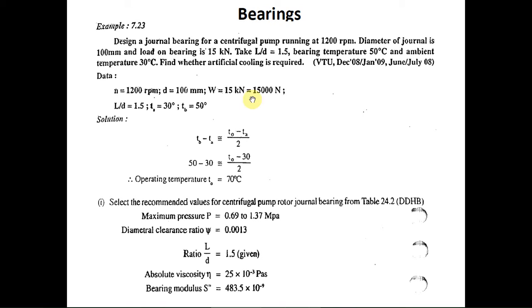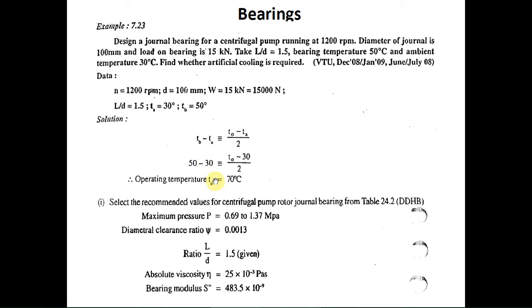Now the data given, you have to first write. N equals 1200 RPM, D equals 100 mm diameter, W he has given as 15 kilonewton, which becomes 15,000 in Newton, L by D is 1.5, TA he has given 30 and TB he has given 50 degrees centigrade. So now first in the solution, you have to find the operating temperature T naught.